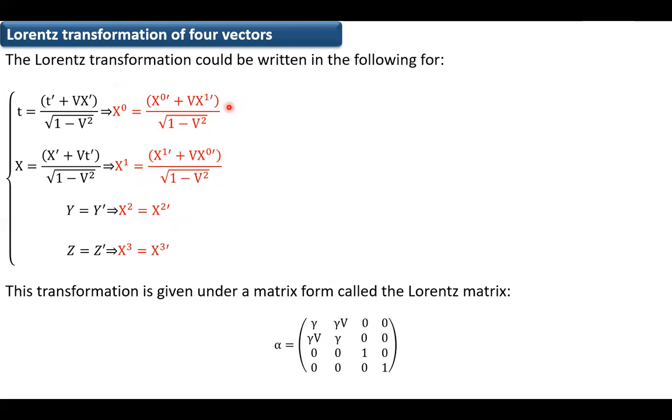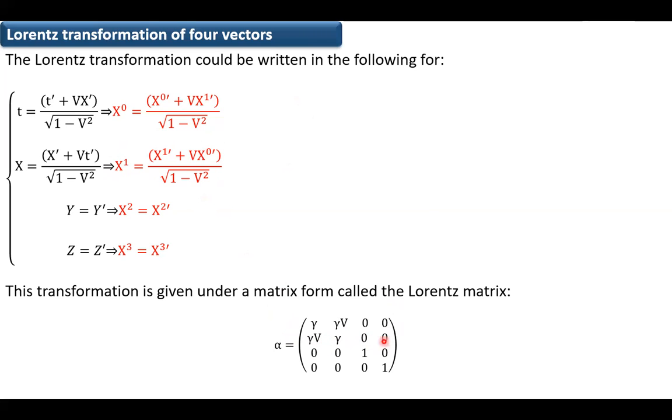You don't have x2 prime here, so you put 0. You don't have x3 prime here, so you put 0. The same for x1: as a function of x0 prime it's v over the radical, so gamma v, and as a function of x1 prime it's 1 over the radical, so gamma.